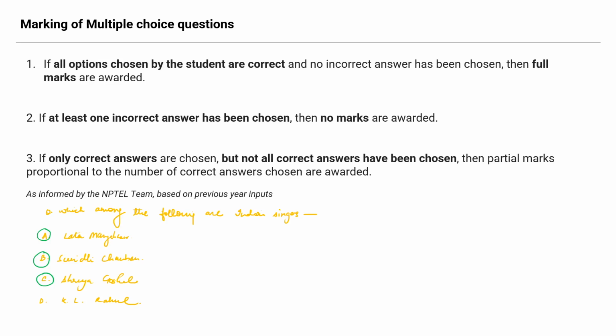Okay. So let's start with option one. It is basically scenario one. If all the options chosen by the student are correct and no incorrect answer is chosen, then full marks. So if I select A, B, and C and I submit it, I'll get full marks.